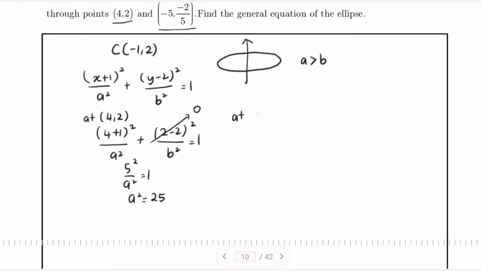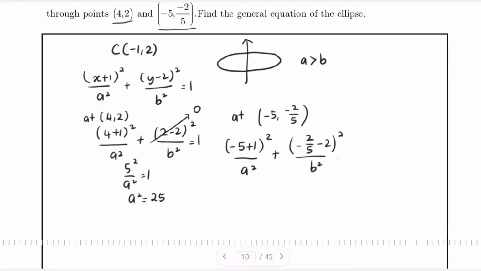Let's use another coordinate, which is negative 5, negative 2 over 5. So it's negative 5 plus 1 squared over A squared plus negative 2 over 5 minus 2 squared over B squared equals 1. We already know that A squared equals 25, so it's negative 4 squared over 25.